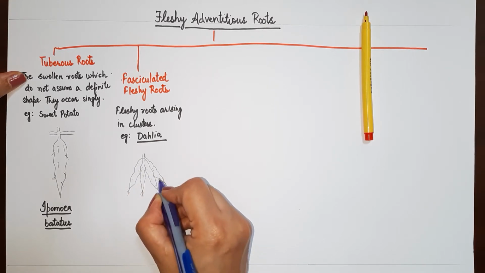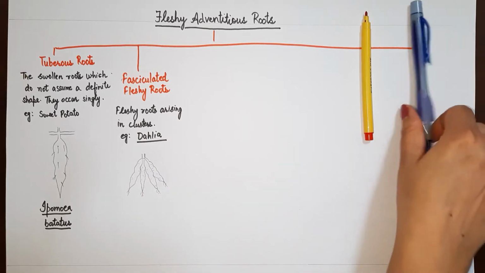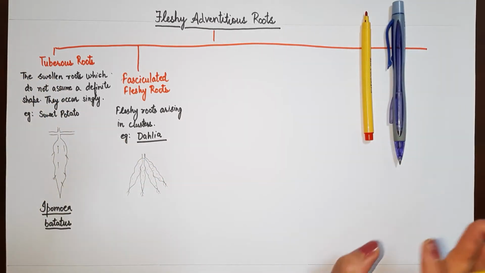So these are the fasciculated roots of dahlia. Its botanical name is same, dahlia.